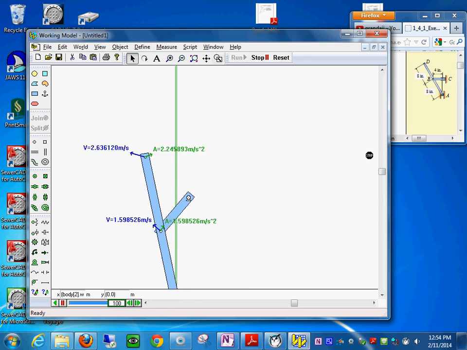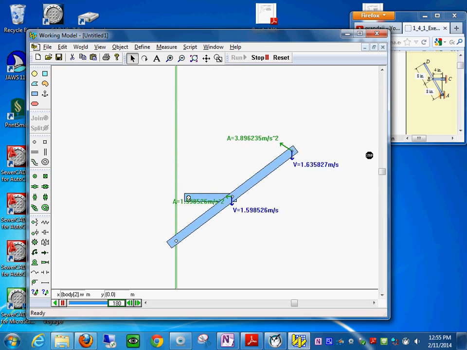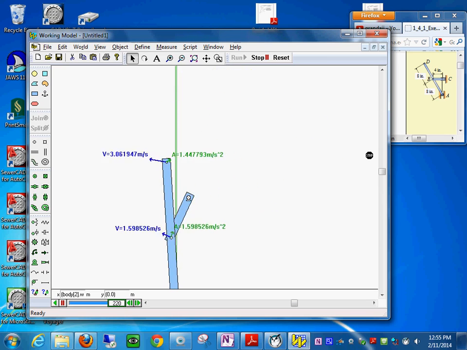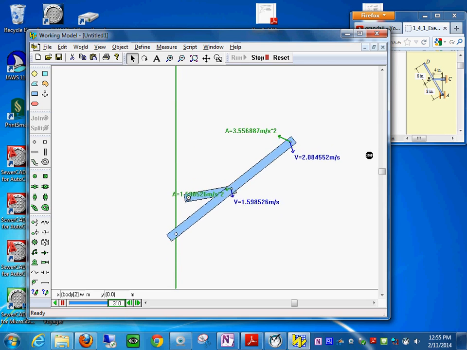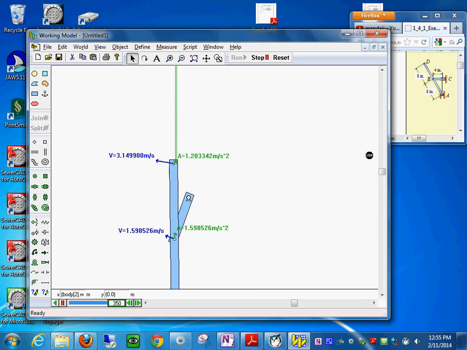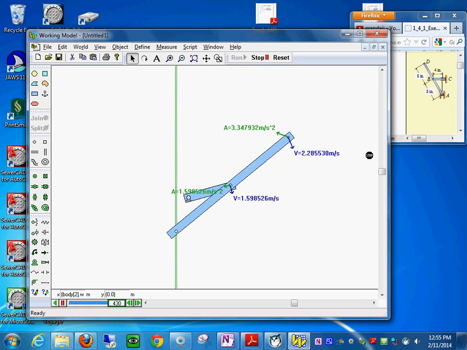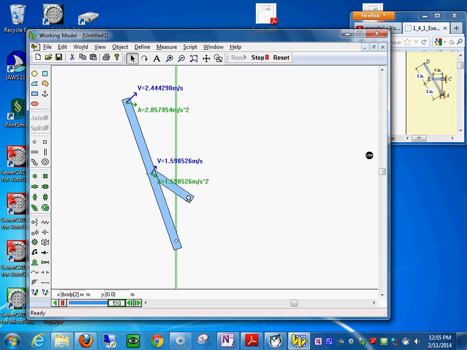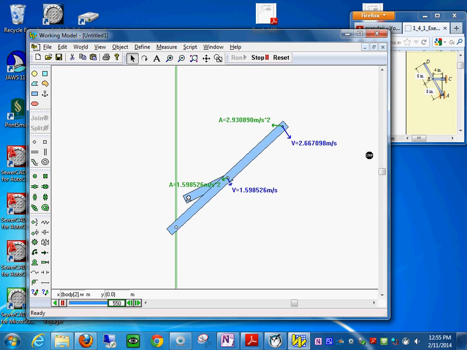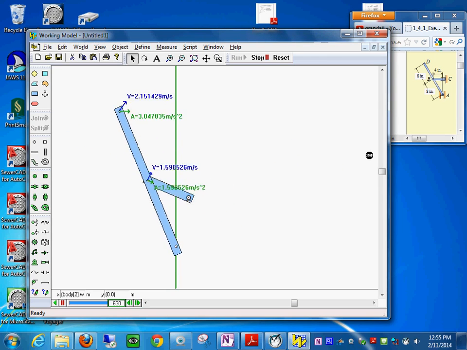The green ones are the acceleration vectors. The blue ones are the velocity vectors. So this is a wonderful engineering tool because now you can calculate the velocity and acceleration of any point at any instant of time as it's running.